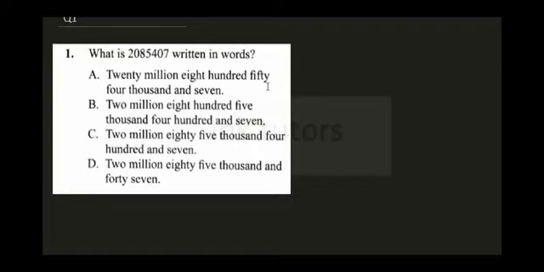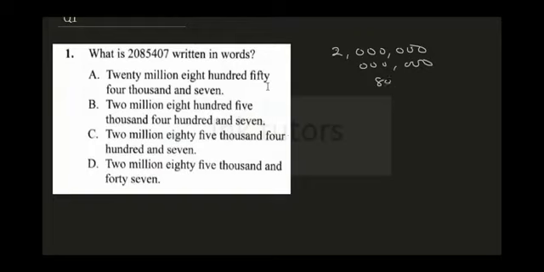Now, question 1 says, what is the figure 2085407 written in words? The first thing you need to know is what the 2 has to do with. That's 2 million. There are 0 hundred thousands, so you need to do it like this.